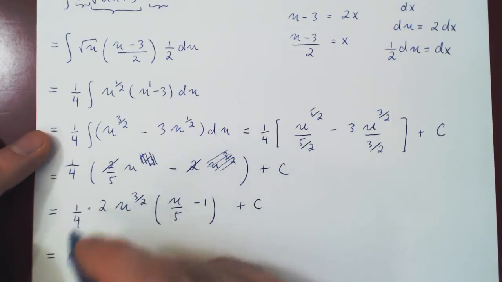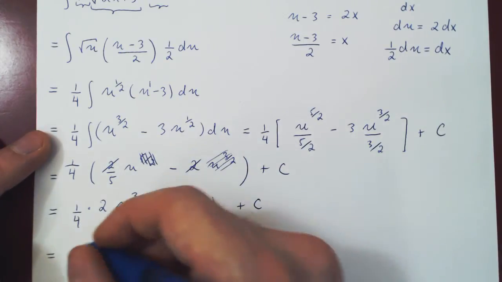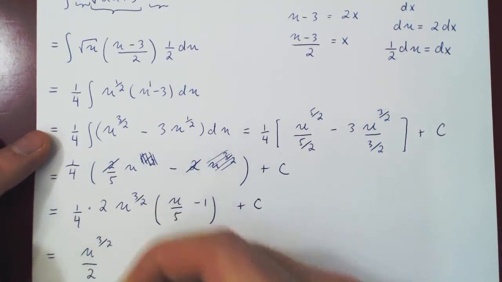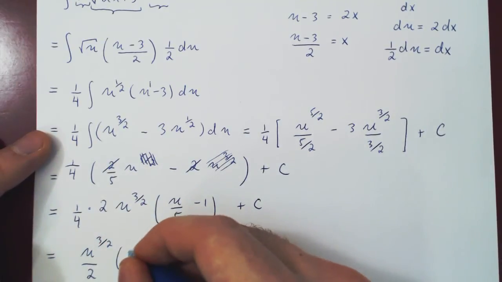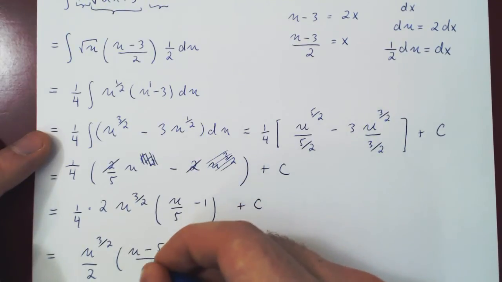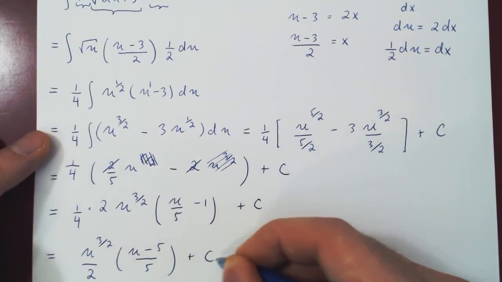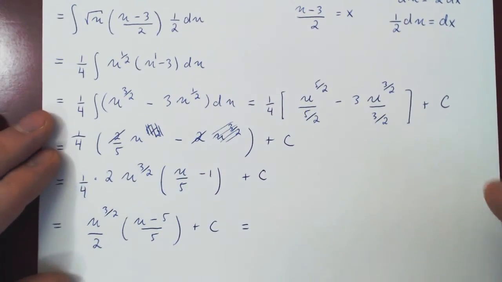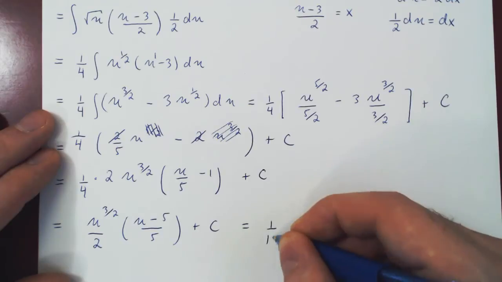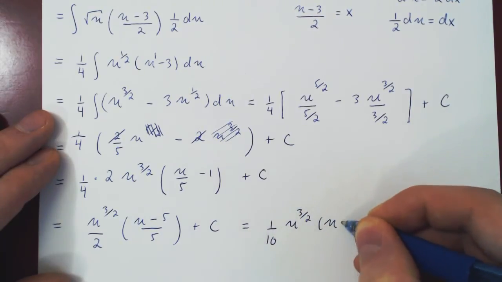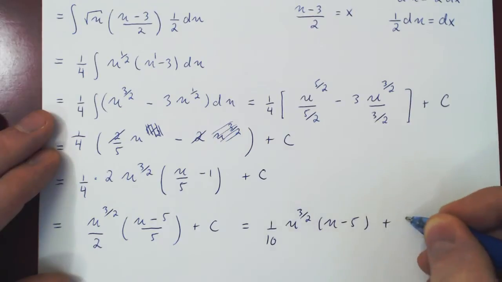Of course, 2 over 4 is 1/2, so it's u to the 3/2 over 2 times (u minus 5) over 5 plus c. One last thing, 2 times 5 is 10, so we can simply say this is 1 over 10 u to the 3/2 times (u minus 5) plus c.